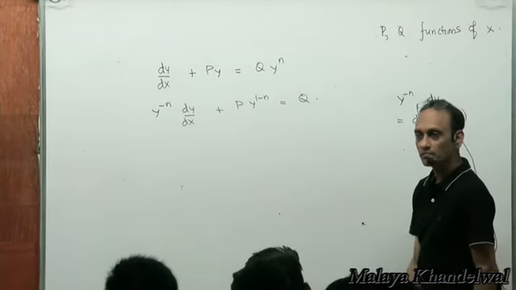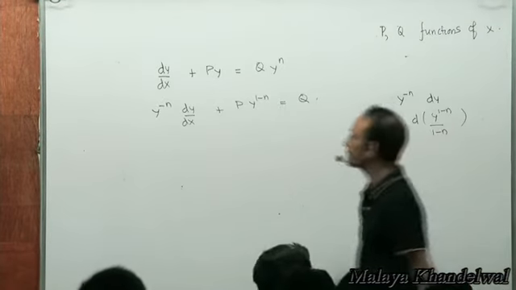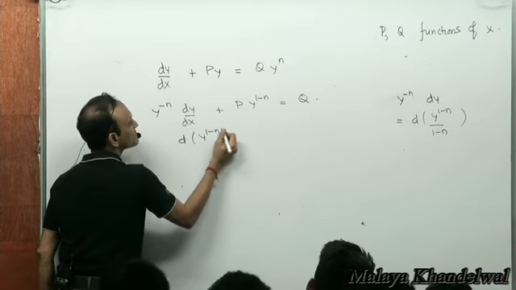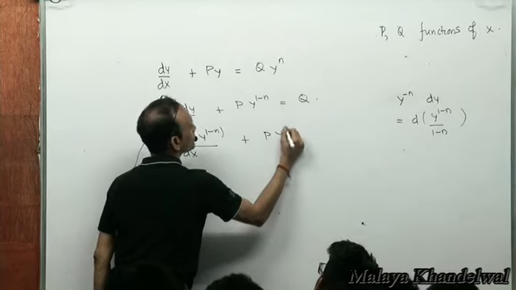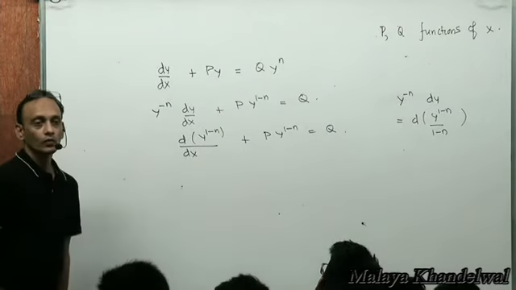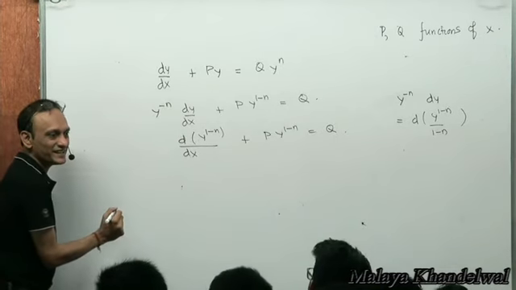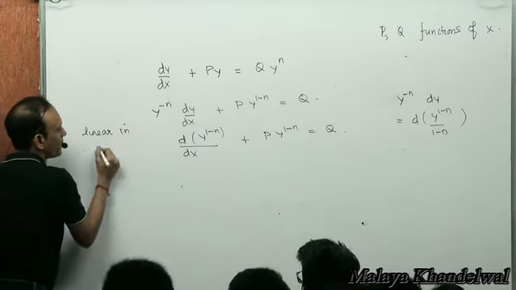Yes or no? So d of y to power 1 minus n dx plus p y to power 1 minus n equal to q. So it's a linear in y to power 1 minus n. Do you realize that?